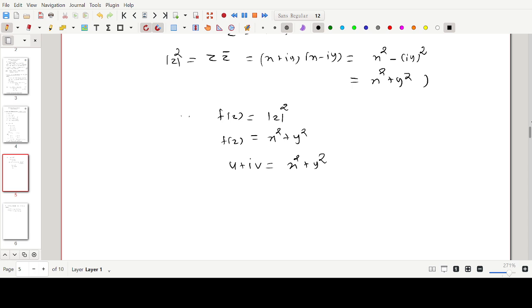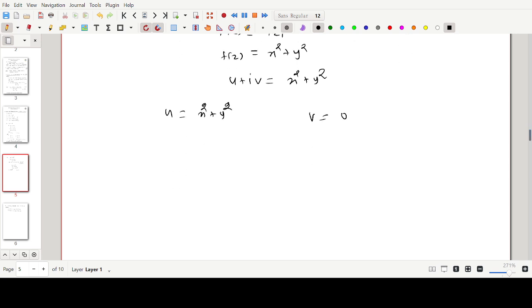So equating real part and imaginary part, our real part u is equal to x square plus y square. What is our imaginary part? 0 because there is no imaginary part. So trivially we can say definitely it does not satisfy the CR equation, therefore it is not analytic. We can say like that.